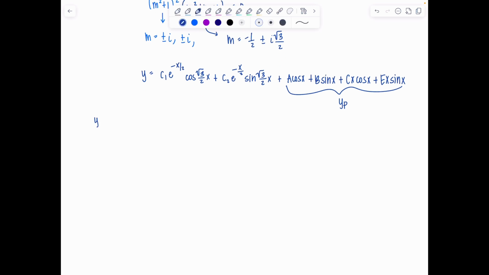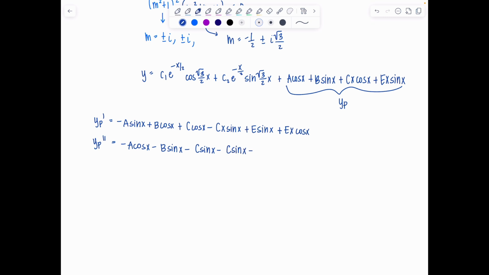Okay, so yp prime will be negative A sine x plus B cosine x plus C cosine x minus Cx sine x plus E sine x plus Ex cosine x. And then yp double prime: negative A cosine x minus B sine x minus C sine x minus C sine x minus Cx cosine x plus E cosine x plus E cosine x minus Ex sine x.